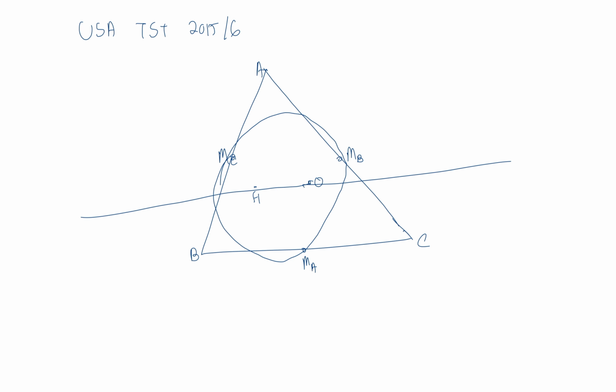And then we have a point S on the Euler line. And then we have MAS and MBS and MCS intersecting the 9-point circle again at X, Y and Z. The reason I'm saying again is that recall the 9-point circle passes through the midpoints of all three sides. And the task of the problem is to show that lines AX, BY, CZ are concurrent.